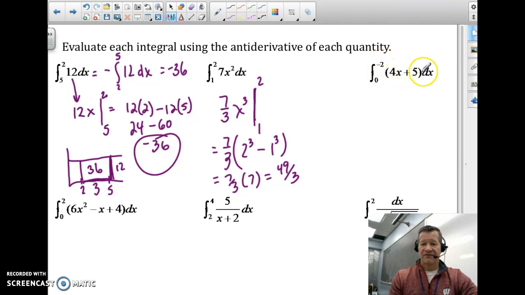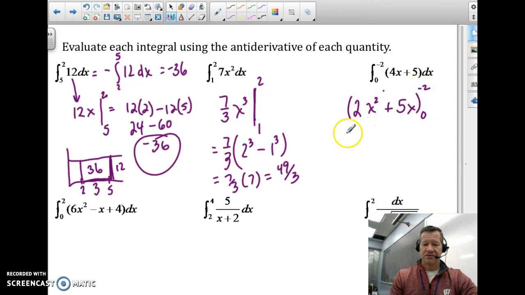Integral from 0 to negative 2 of 4x plus 5. Now, treat each term individually. What's the antiderivative of 4x? Well, add 1 to the exponent, and then 4 divided by 2 would be 2. Plus the antiderivative of 5, simple, that's just 5x. Integrate this from 0 to negative 2.